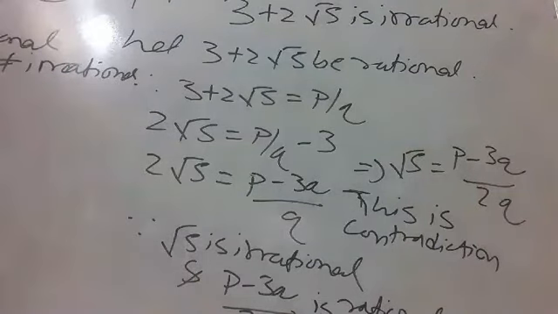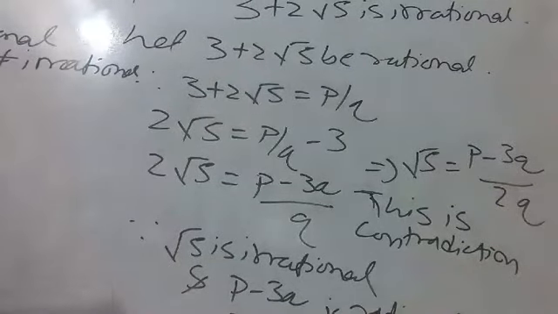That's why our assumption is wrong. Here you can see I have written our assumption. So our assumption is wrong. What we had assumed was that 3 plus 2 root 5 is rational. That is incorrect, so 3 plus 2 root 5 is irrational.